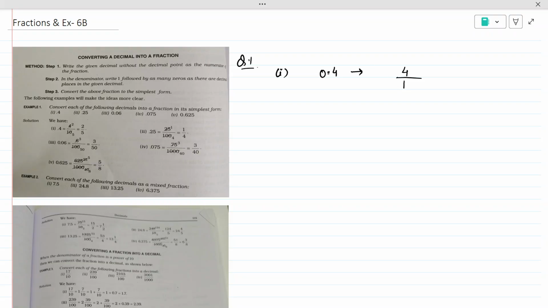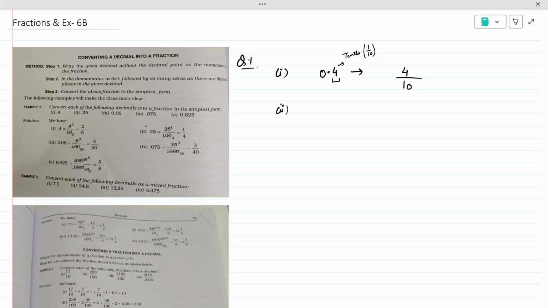So we know here that after the decimal we have only one place, so we have to write 1 0, that is 10. 4 divided by 10, because this is at the 10th place. And at the 10th place we have 1 by 10 as the place value. So this 0.4 will become 4 by 10 here, right?